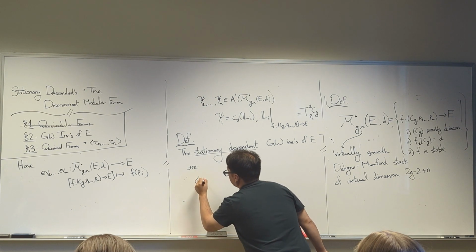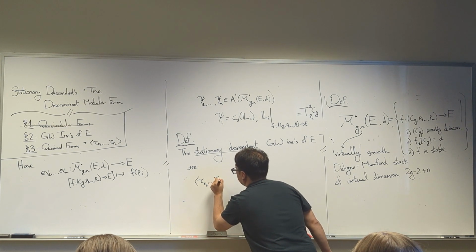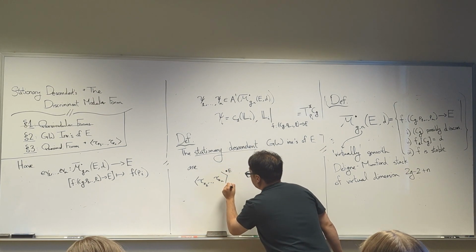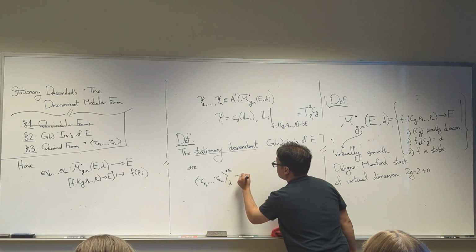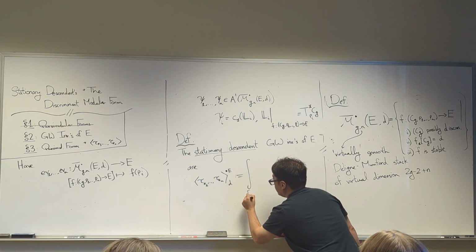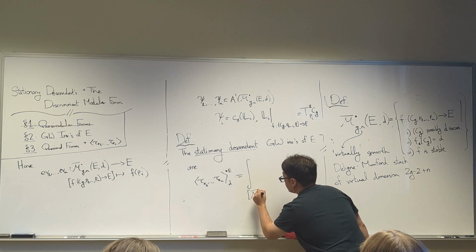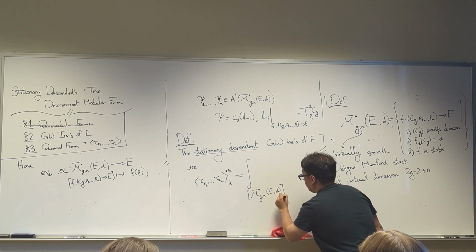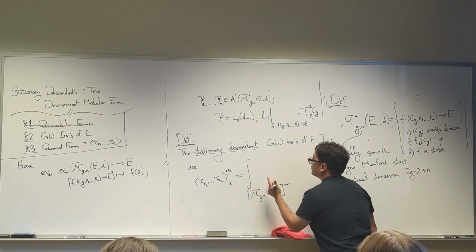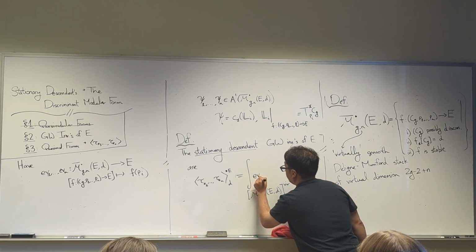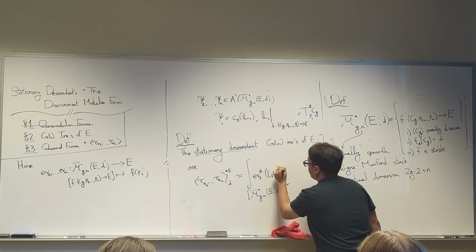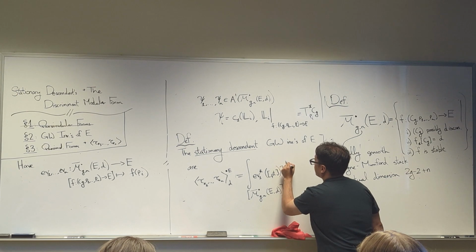I'm going to use the notation bracket tau_{k_1} through tau_{k_n}. This notation means: integrate over the virtual class, and in the integrand, pull back the class of a point along all the evaluation maps and then put in the psi classes corresponding to these k's.